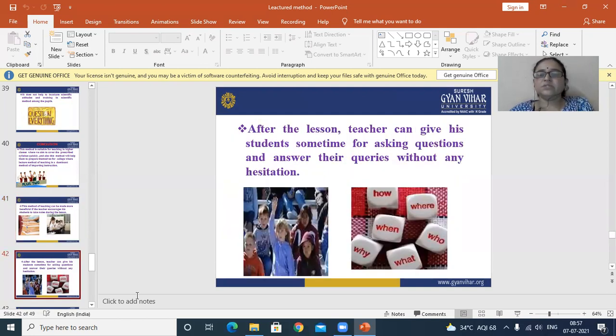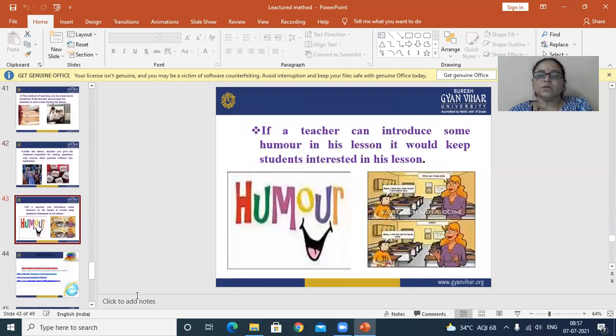After the lesson, the teacher can give his students some time for asking questions and answer their queries without any hesitation. If the teacher can introduce some humor in his lesson, it will keep students interested in his lesson.